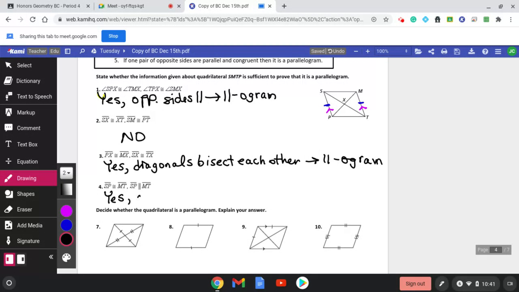One pair of opposite sides, that's the key word in here, opposite, not one pair of sides, one pair of opposite sides, congruent and parallel, imply a parallelogram. My writing is better on my Chromebook than it ever was on the TV. Not that anybody cares.